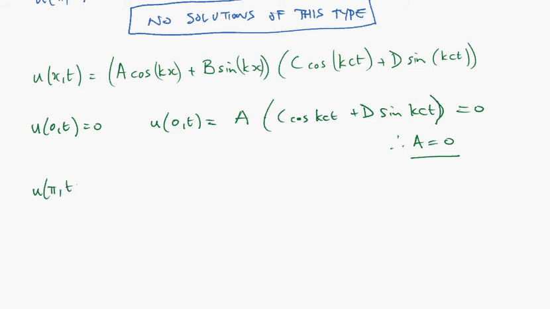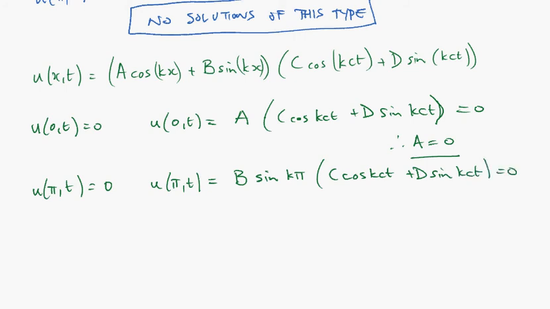So up to now we haven't actually got any solutions to work with at all. Now if we put pi in here, remember that a is 0, we're going to get b sine(k pi) times (c cos kct plus d sine kct) equals 0. So either the second bracket is 0, that will give us a trivial solution, or b is 0, again a trivial solution.